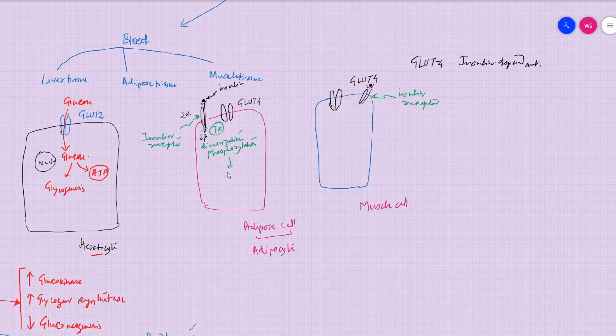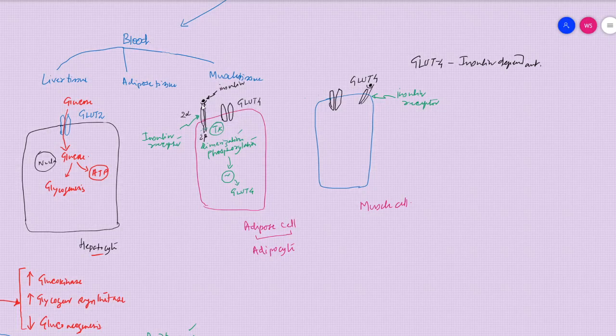The ultimate event is after that there is a signal going into the nucleus, and what the nucleus does is it makes lots of GLUT4. Okay, and also remember this GLUT4 which is present on the surface also goes into the cytoplasm. Okay, so when there is insulin available, then from the cytoplasm it goes into the membrane. So there is a constant cycling of the receptors.